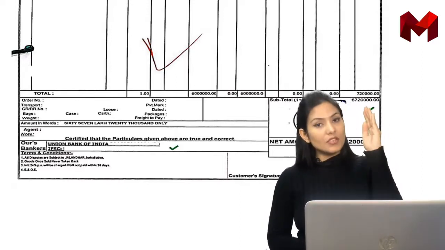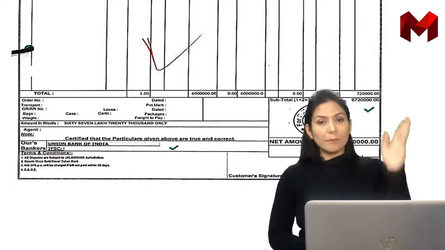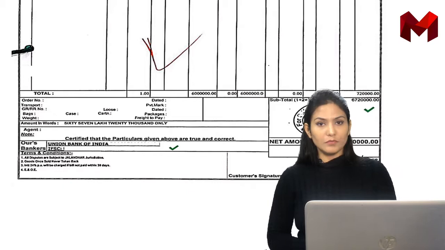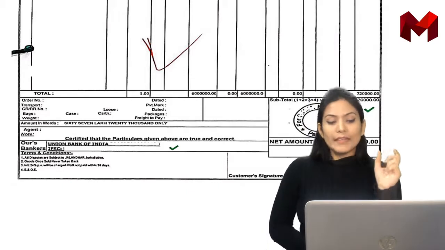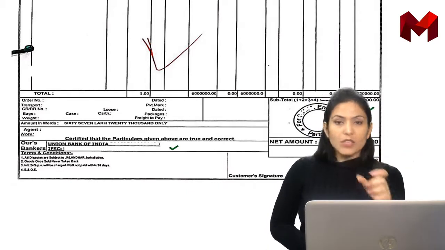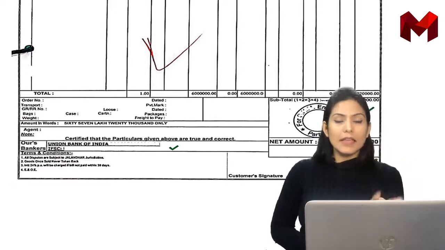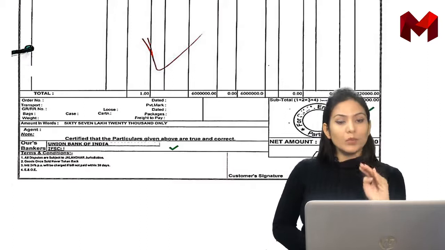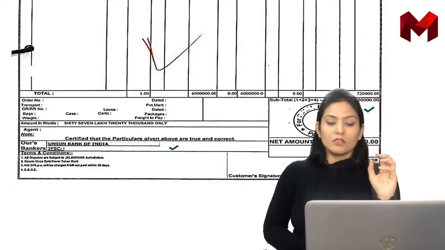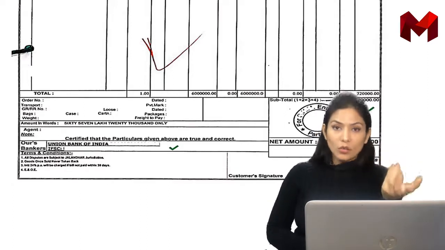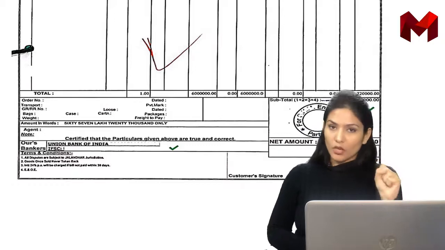The government has received the tax from my suppliers on my behalf. So the calculation of input and output tax we are going to cover in the next part. But this is the sale bill, how the sale bill is reflected or how it looks like. This is all about this.